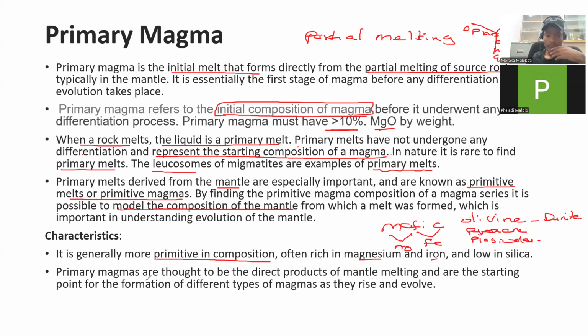Okay, so primary magmas are thought to be the direct products of mantle melting, and are the starting point for the formation of different types of magmas as they rise and evolve. So that's why we say the primary magma represents the starting composition or the initial composition.